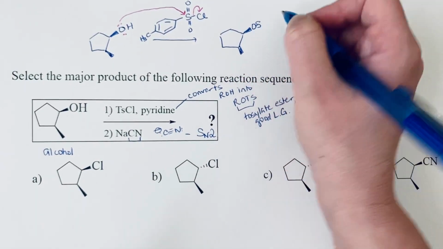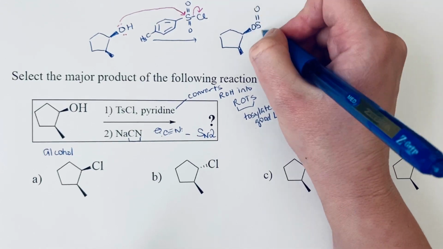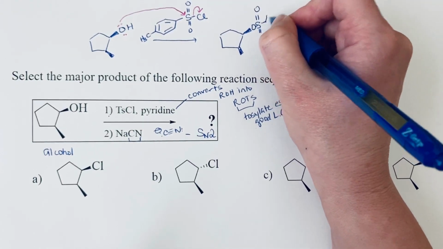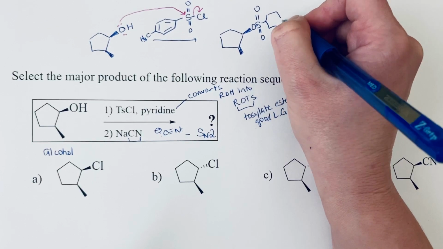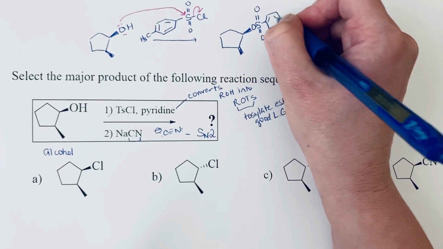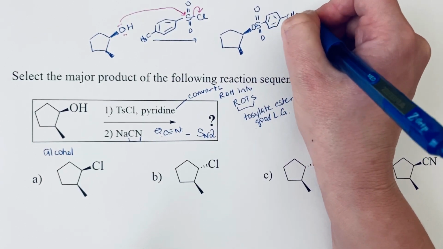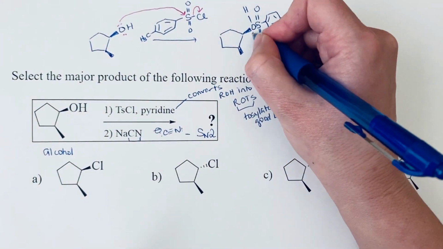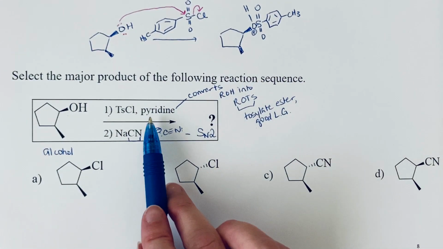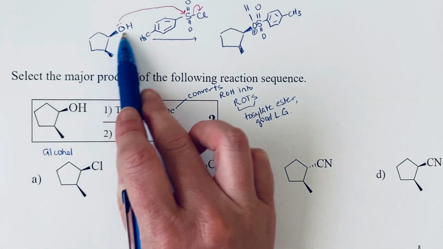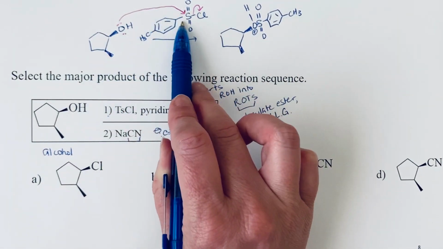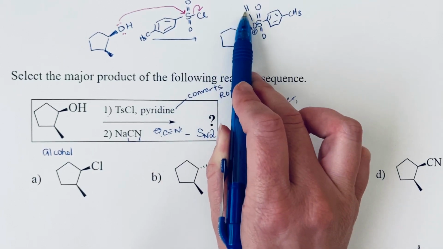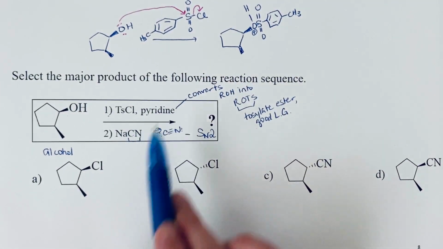So we have the oxygen bound to a sulfur, which still has these double bonds, and then the benzene ring. And we had a hydrogen here. That hydrogen would still be attached. So this is the role of the pyridine. Your alcohol is attacking the tosyl chloride, and this acidic hydrogen is going to be taken by pyridine.